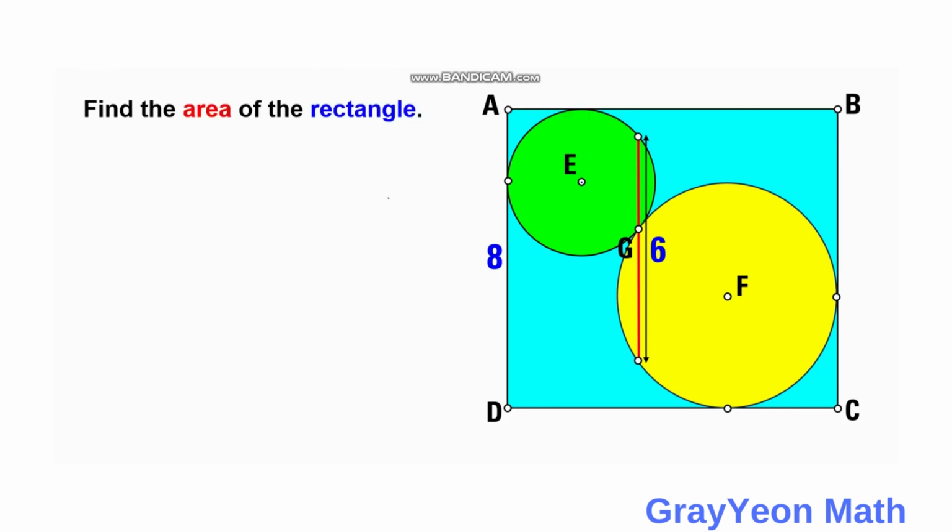From this center, since the circles are tangent to each other at point G, this should be a straight line to F, and we can draw a vertical line downwards from E, and from this point F to the left until we form a perpendicular intersection.